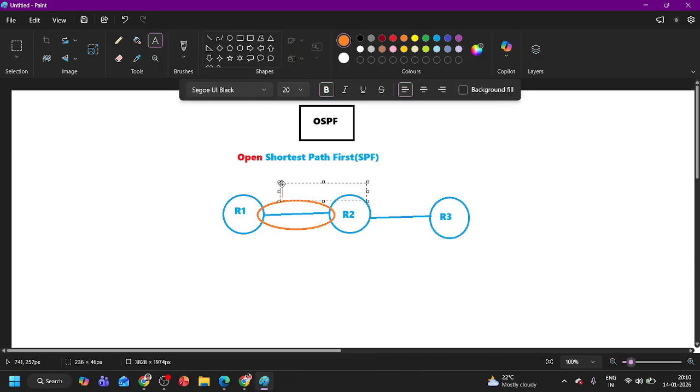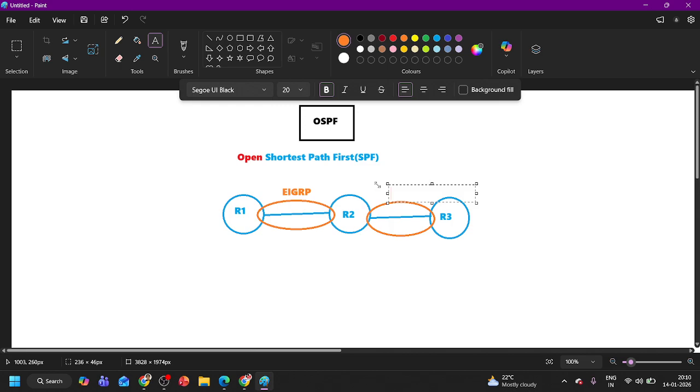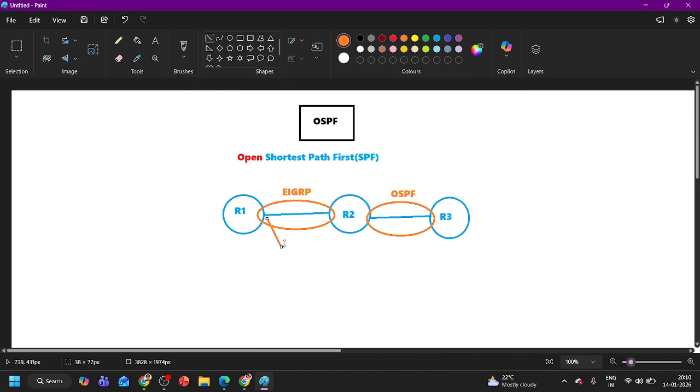Here I am running EIGRP, and here my dynamic routing protocol is OSPF. What does it mean? It means we have enabled the EIGRP routing protocol on this interface of R1 and this interface of R2, and we have enabled OSPF on this interface and this interface.